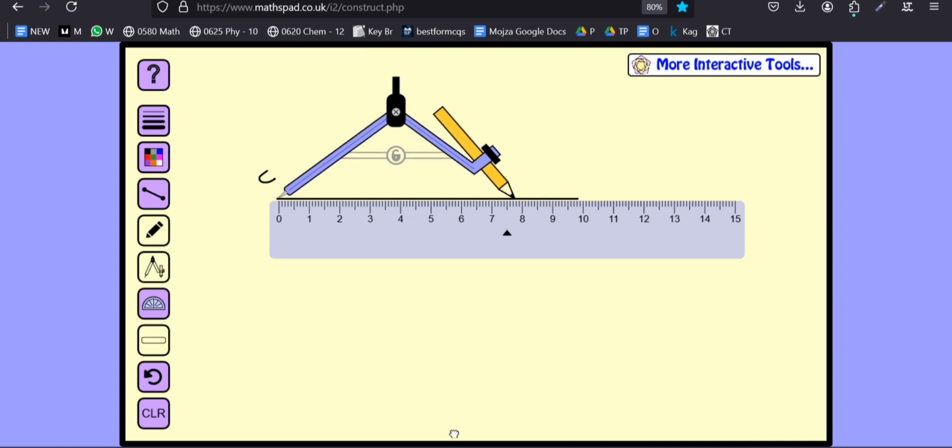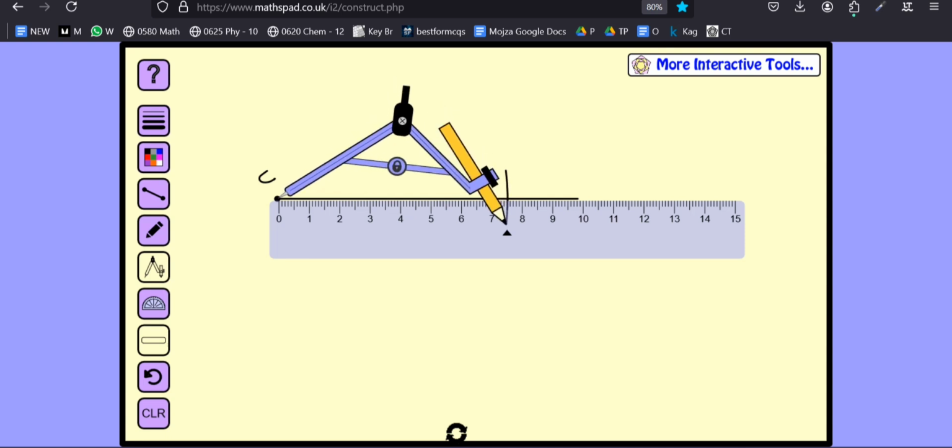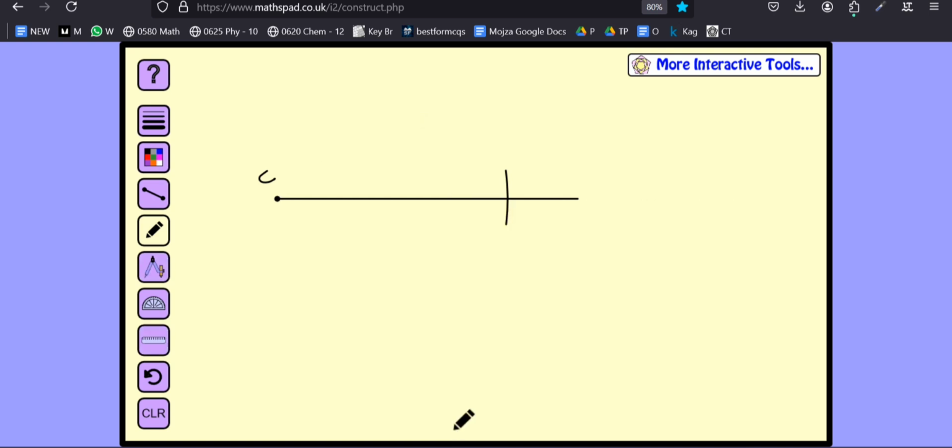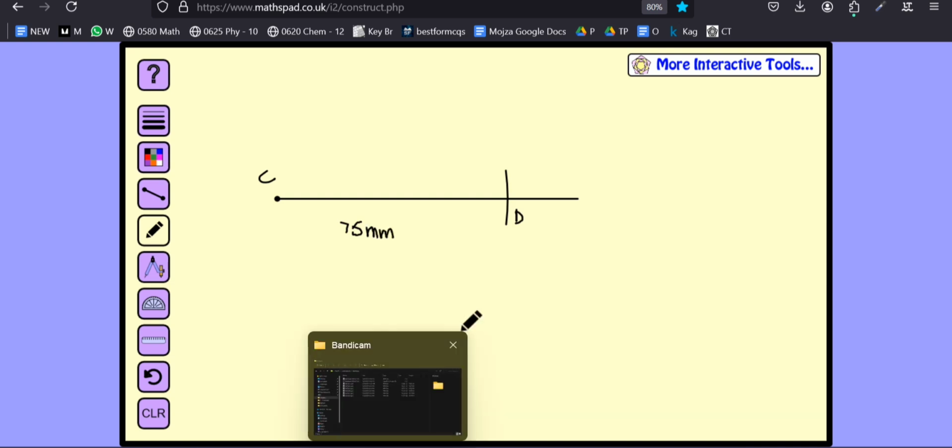This point is on 0, so this point should be exactly on 7.5. Now as we have made this, we are going to mark a line, and that will be as accurate as possible. Now we can remove this, and this is D, and we can say that it is 75 millimeters or 7.5 centimeters as well. Alright, so this is how it goes.